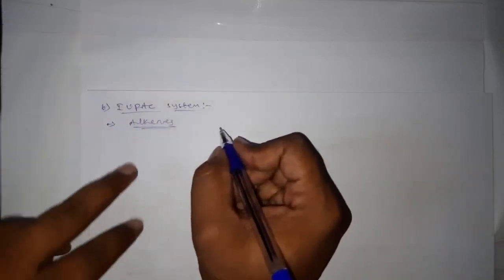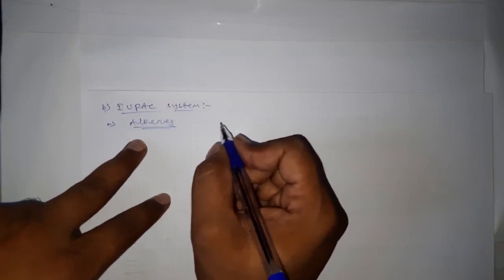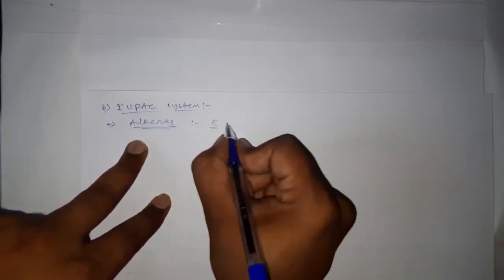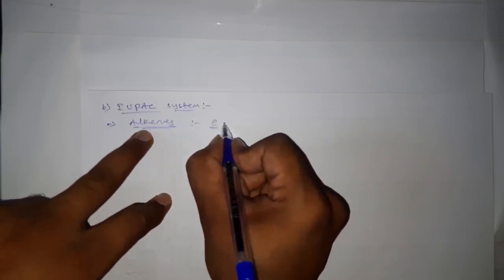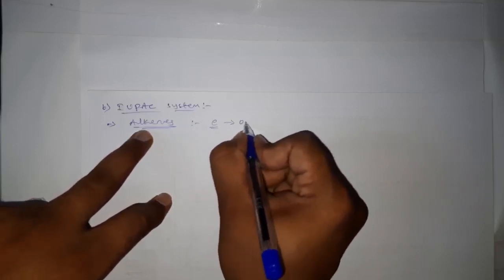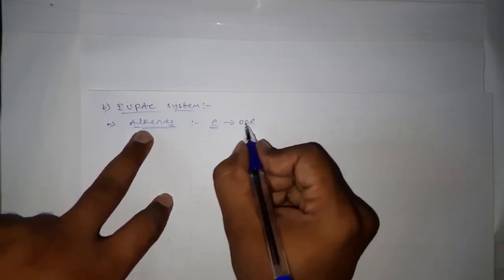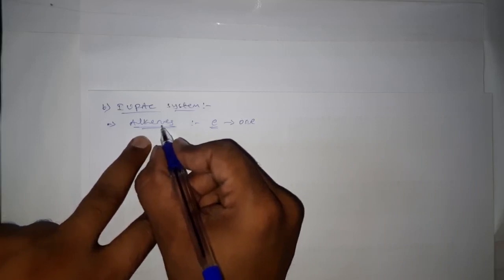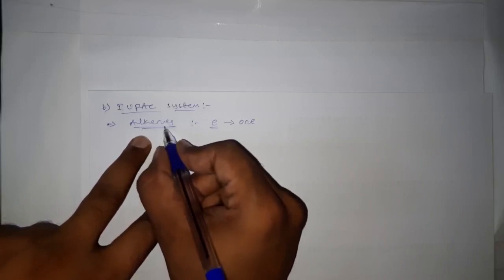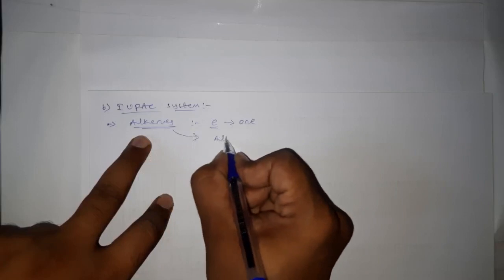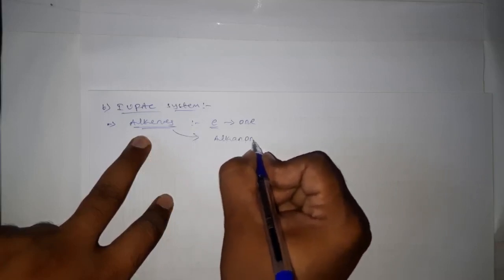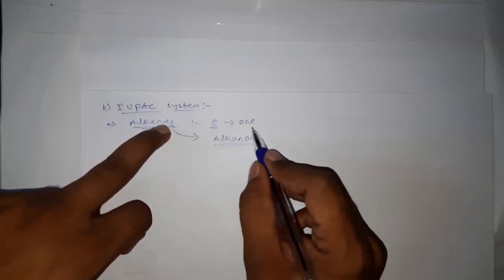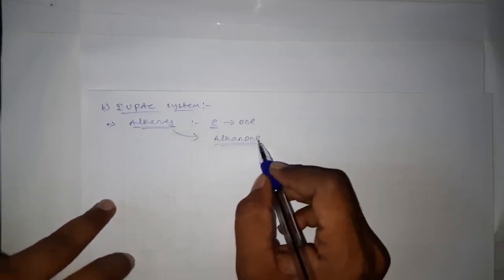The IUPAC names of the ketones are derived from the names of corresponding alkanes by replacing the ending E of an alkane with the term ONE. Therefore, the IUPAC name of the ketone becomes alkanone. After replacing this E with ONE, we will get alkanone.